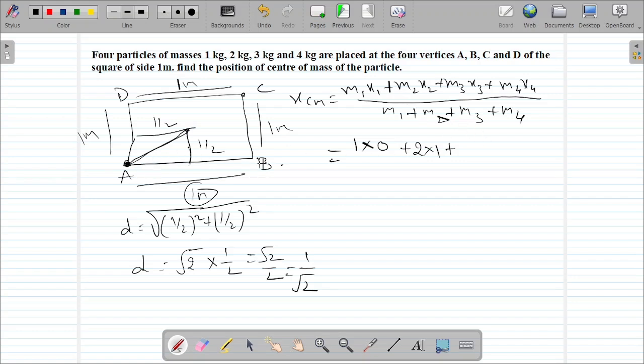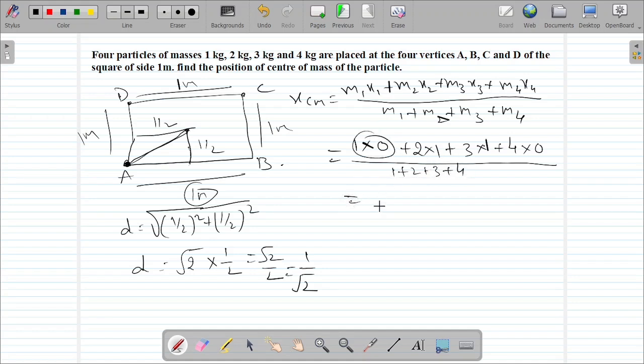So on the x-axis we need how much distance? At a distance of 1 meter, plus m4. M4 is 4 kg into x4. X4 is the point on the y-axis, so on the x-axis it is 0, by 1 plus 2 plus 3 plus 4 kg.